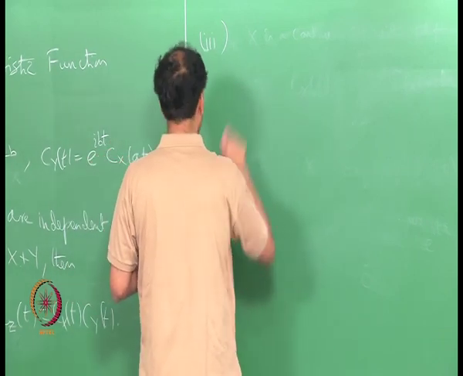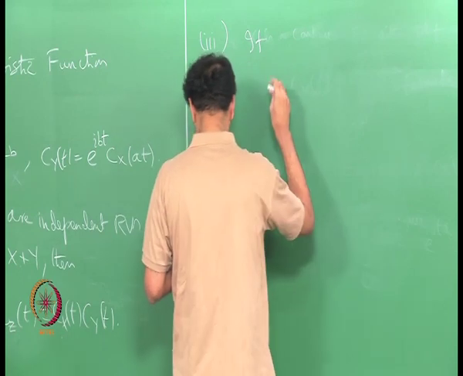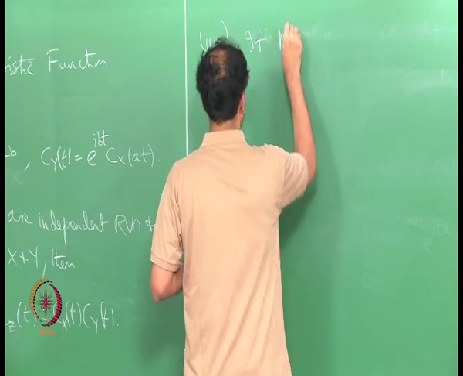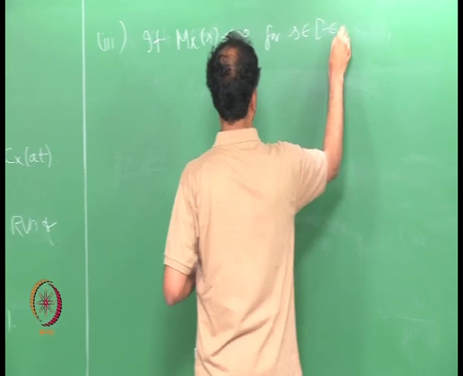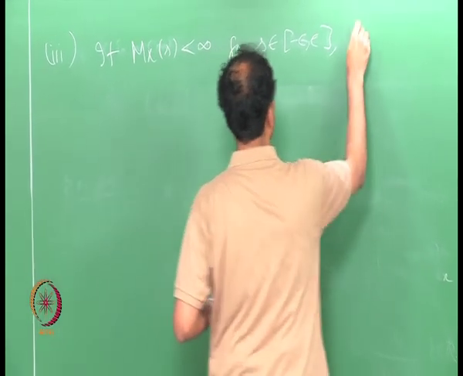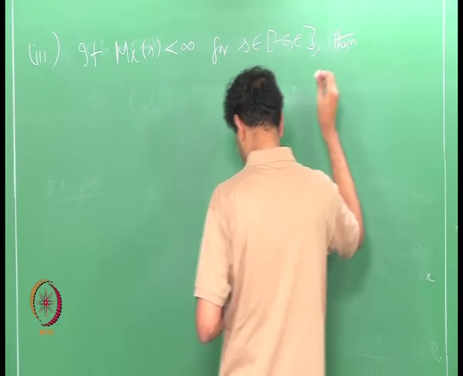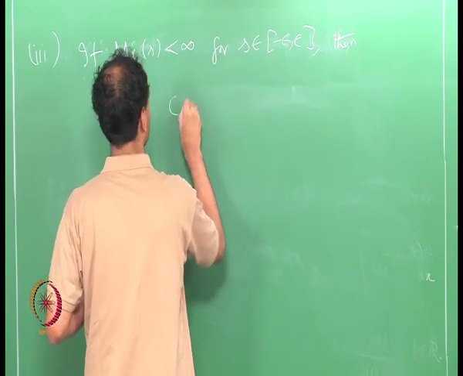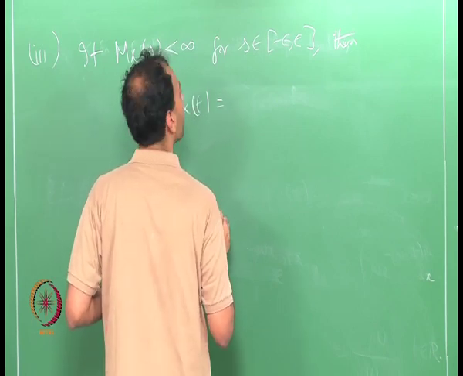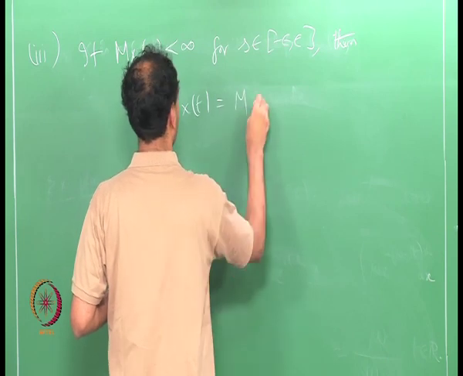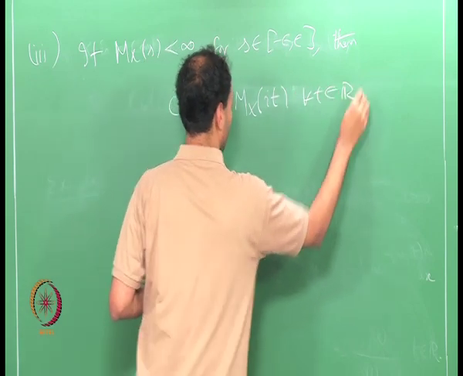If m_X(s) is less than infinity for s in (-epsilon, epsilon), then C_X(t) is equal to m_X(it). This is just what I mentioned earlier, right.